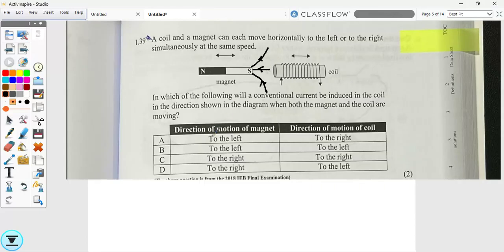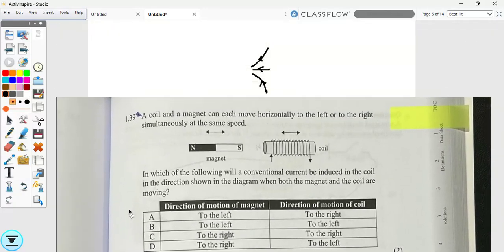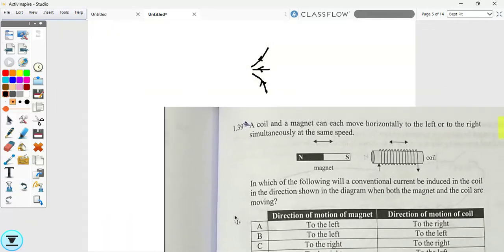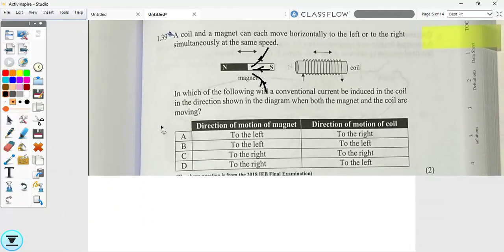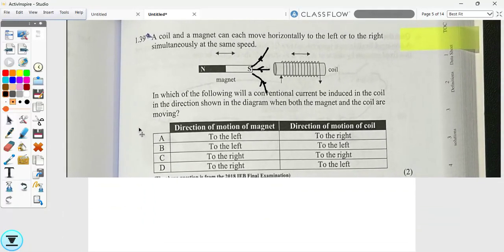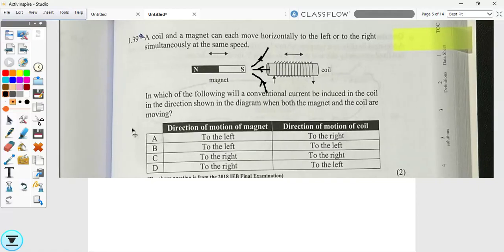So that's why to the left, and to the right must be wrong because that means we're just moving them like this. So nothing is changing. So the only way it could happen is if I'm moving it like this.